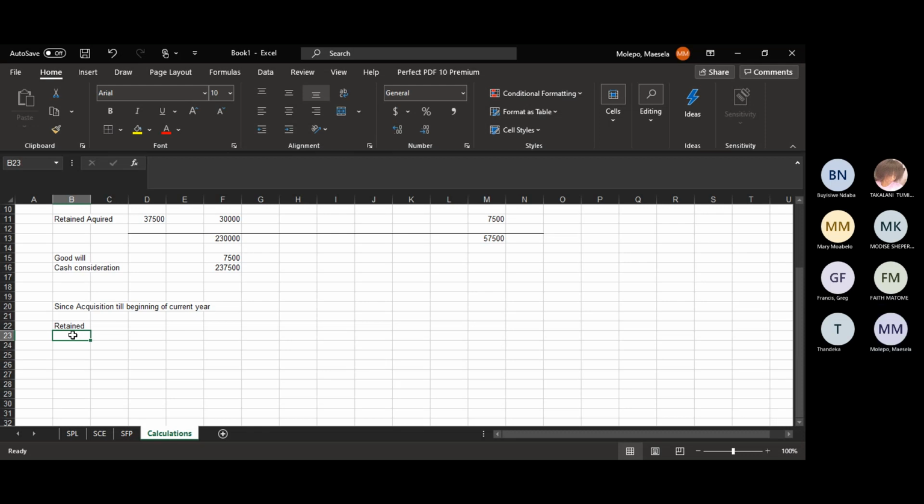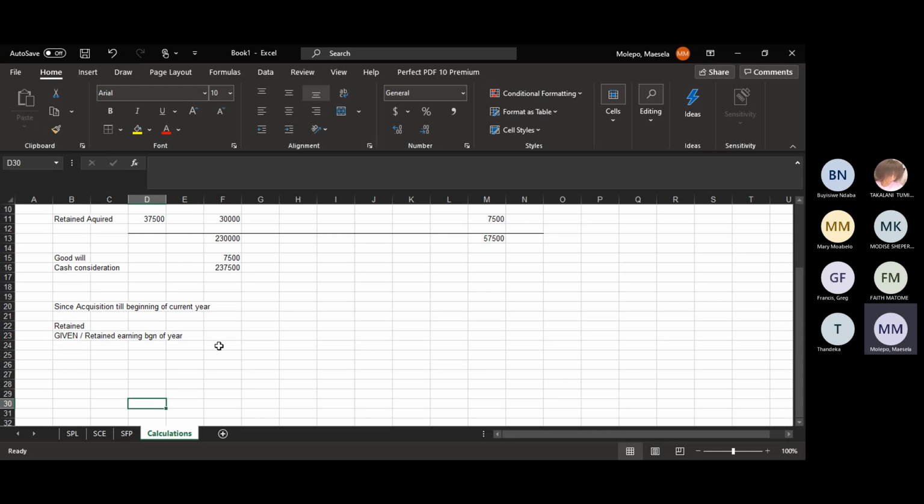So you can use the retained earnings at the beginning of the year, depending.